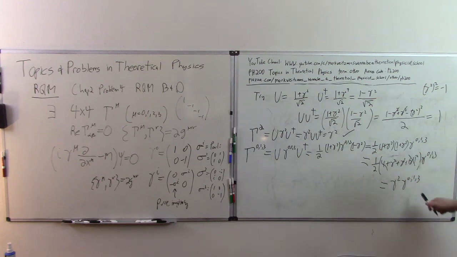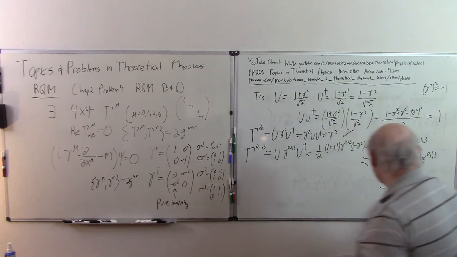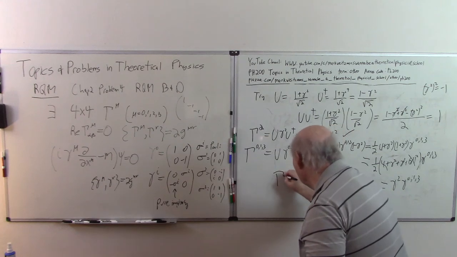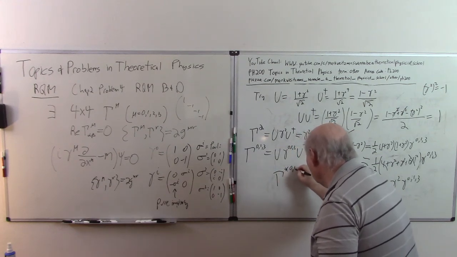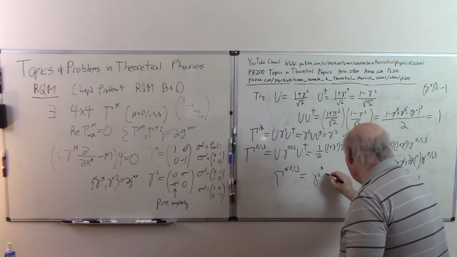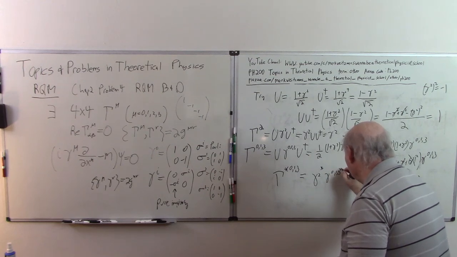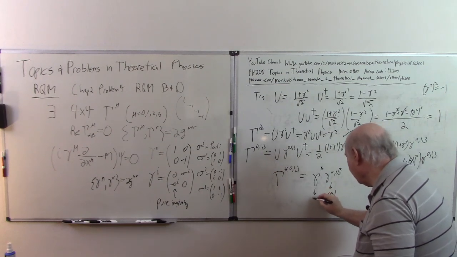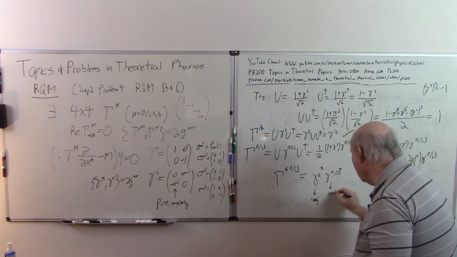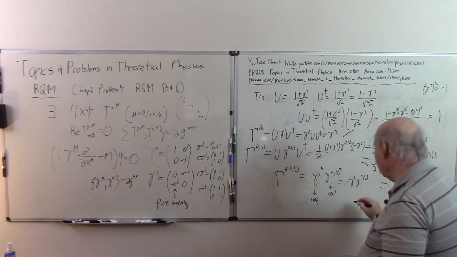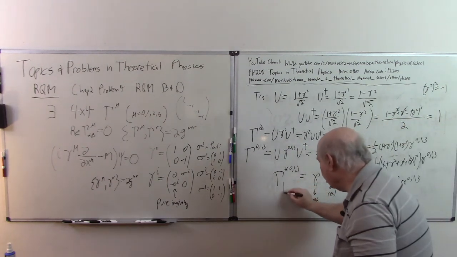Now the question is, is this a pure imaginary matrix? It's easy to see that it is, because gamma 2 is pure imaginary and these are all pure real. But if we were to take the complex conjugate, we would get gamma 2 star times gamma 0, 1, 3 star. These are all real, and this is pure imaginary, so we end up getting minus gamma 2 gamma 0, 1, 3. And that's what we want. So this is pure imaginary.